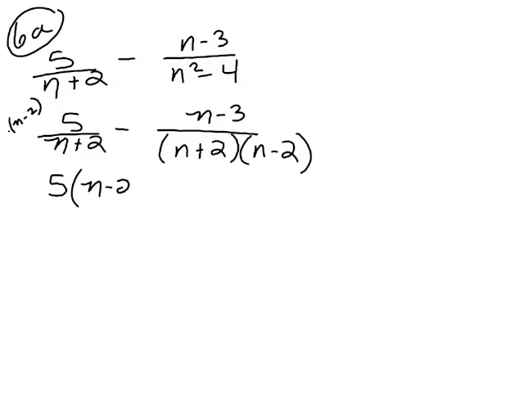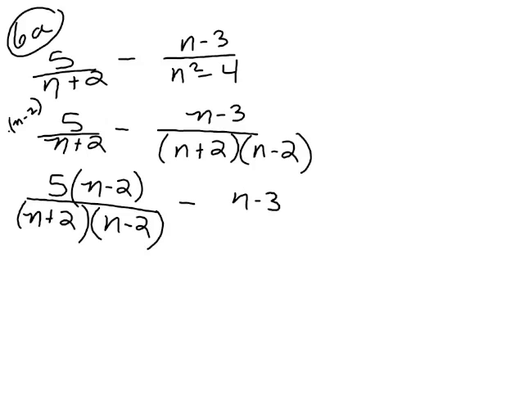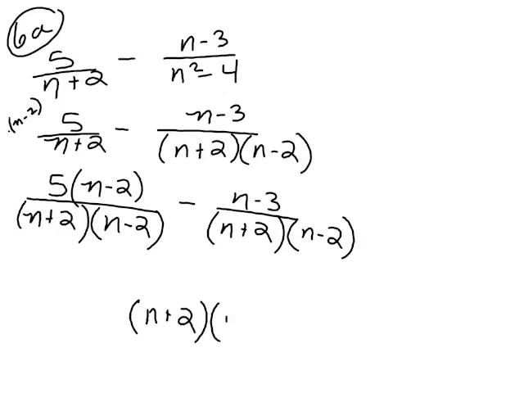5 times n minus 2 on top over n plus 2, n minus 2 on bottom, minus n minus 3 over n plus 2, n minus 2. Okay, now my denominators are the same. So what can I do? N plus 2, n minus 2 is my denominator. And then what do I have left on top?